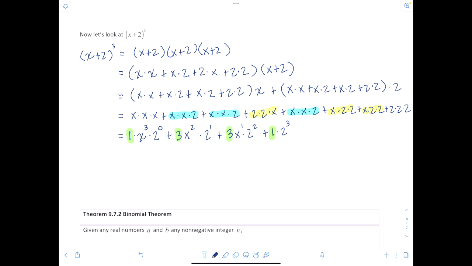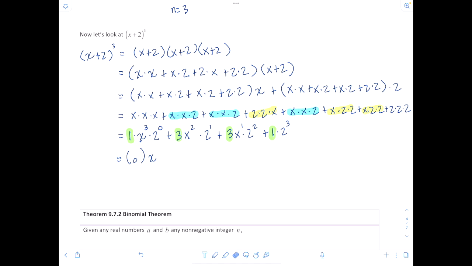Now, if we wrote this in the combinatorial form, this could be the equivalent. So we've got a cube here, right? A cube. And so n is 3. So 1 is the same as n choose 0, right? So we would have n choose 0, x to the n minus r.